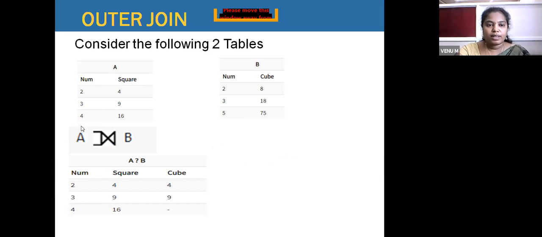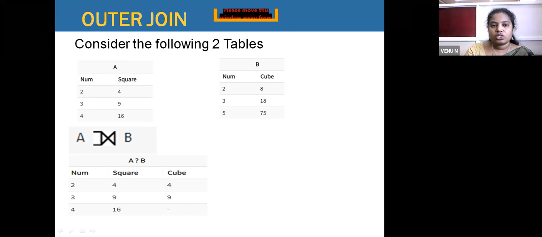Left outer join means all the tuples of the left table have to be displayed: 2, 3, 4, with their respective squares in the same relation. The excluded column is cube. We have to give cube, but there is no value for 4's cube, so we put a null value.